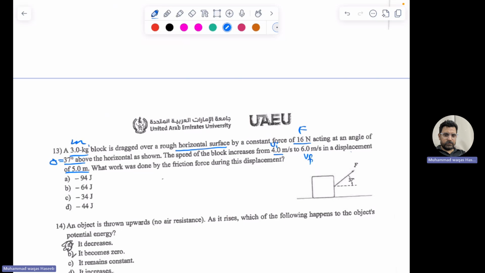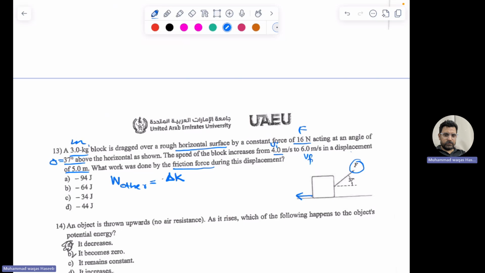What is the work done by the friction force? Again, we're going to apply the work energy theorem. The work energy theorem says that net work is equal to the change in kinetic energy. Now you have a force that is doing work, and the force of friction is also doing work.